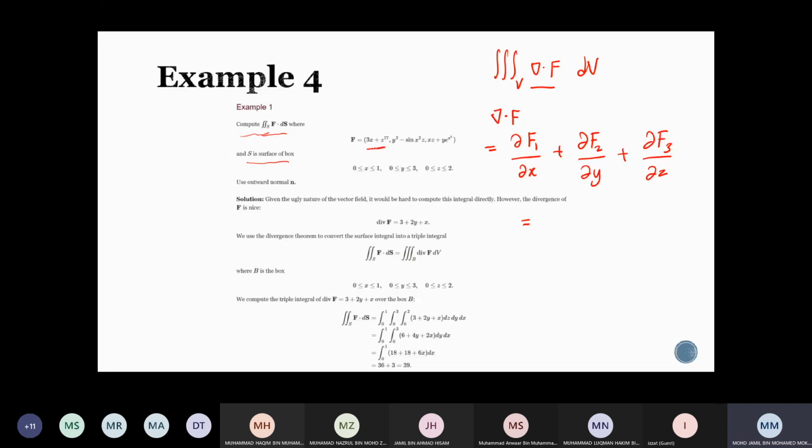This is f1, and we differentiate with respect to x. Here we have 3x plus z to the power of 77. You treat the other variables as constants, so z to the 77 is a constant. When you differentiate, you get 0. So here you get only 3x.